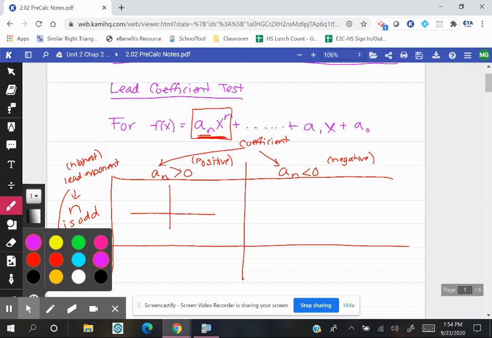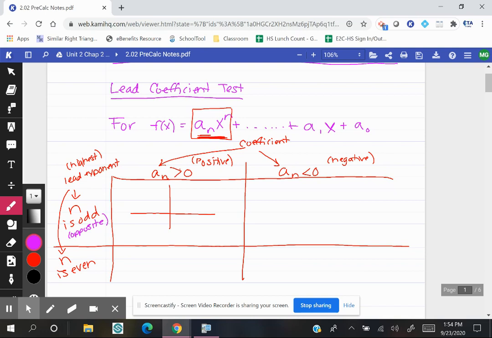So first, if n is odd, it tells you it's going to be going in opposite directions. So if it starts from the bottom, rising, then it's going to go up to the top at the end. So one end of the graph is going up and the other end of the graph is going down. It means odd, opposite, odd, opposite.